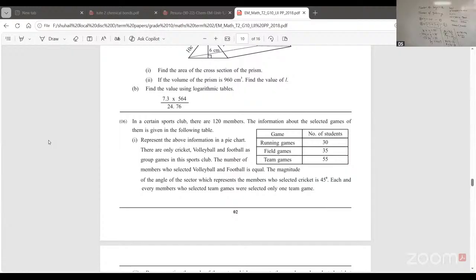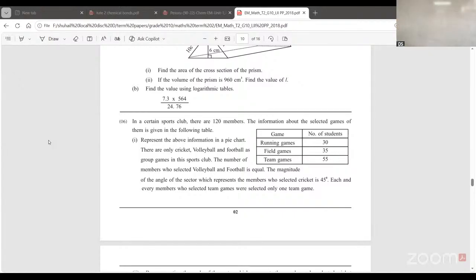Number 6. Now we have to answer only 5. Now we'll go over the sixth question. I'm going to skip the logarithm at the moment.